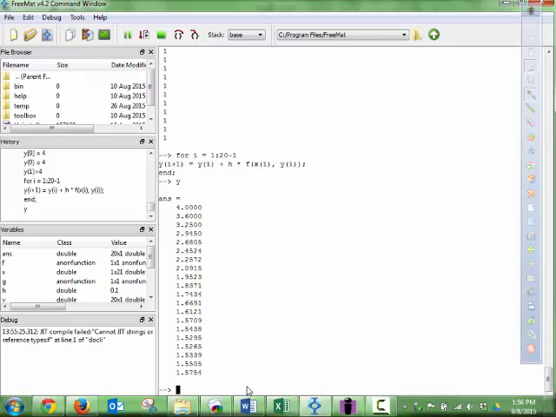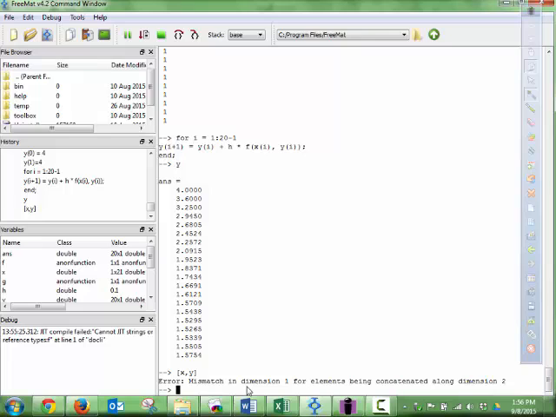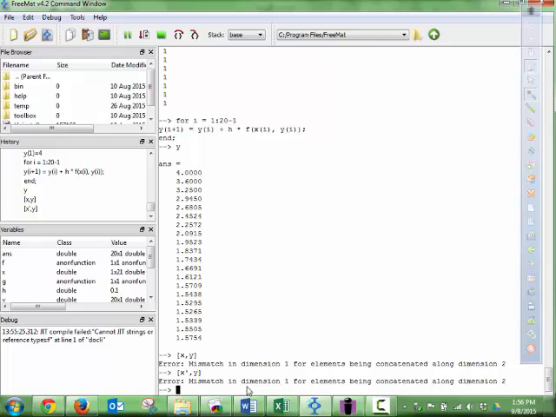Let's take a look at the table and see if it'll come up. I think I'm one short. So x is a 1 by 21. Y is a 20 by 1. So it's not matching.